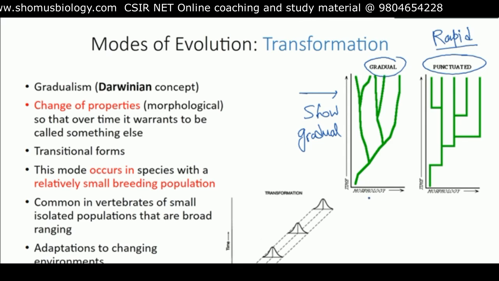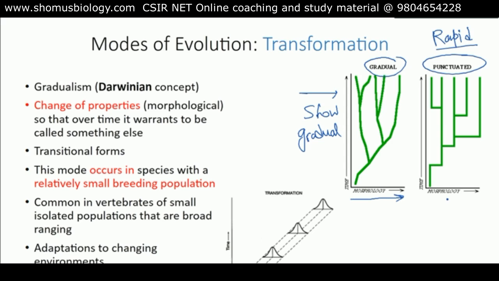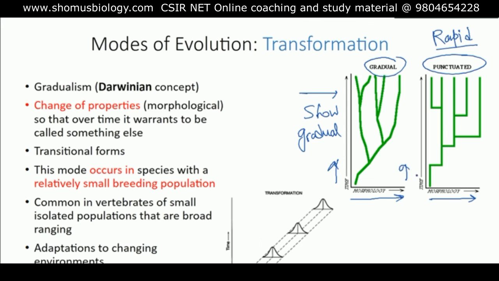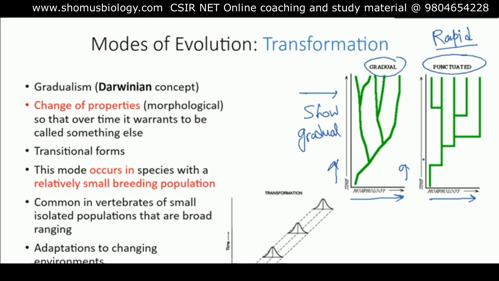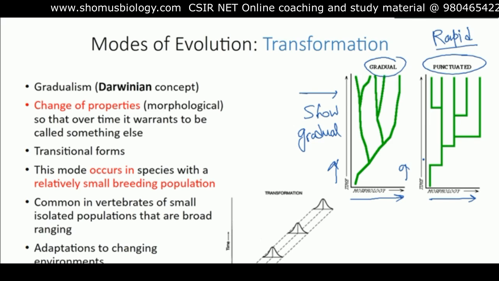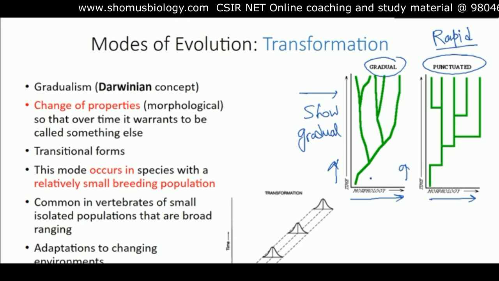You can see that in both graphs we have morphology on the x-axis and time period on the y-axis. So we can see how, with changing time, that morphological structure is altered. In the very first case, the gradualistic model, the modification is being made slowly.